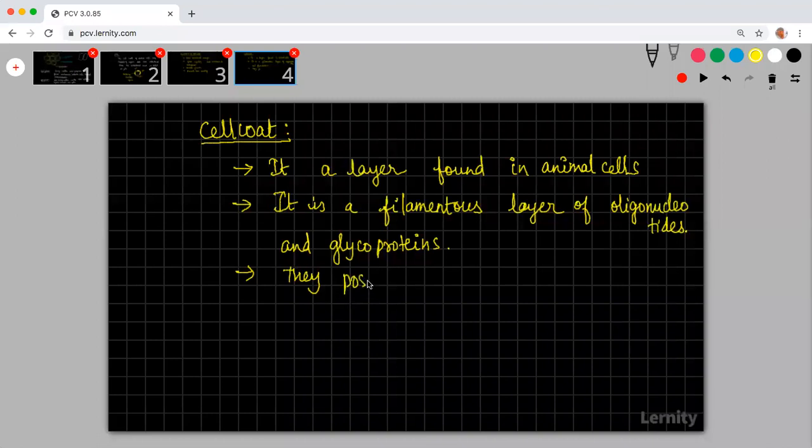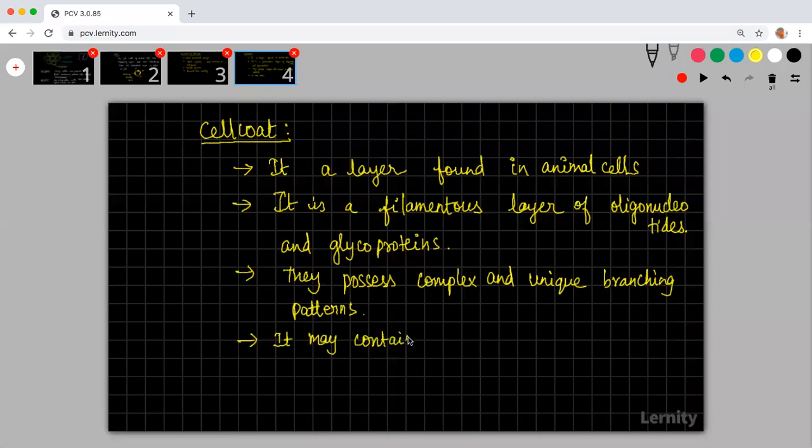They possess complex and unique branching patterns. It may contain calcium salts, silicon, and other materials.